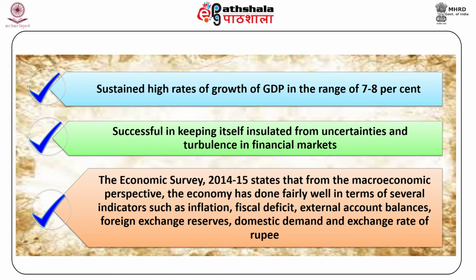In addition, the economy has been more or less successful in keeping itself insulated from uncertainties and turbulence in financial markets, although it is expected that it might not be too easy to maintain such rates of growth in future, and that doing so would require appropriate oversight and regulation. India today has emerged as an economy that has promising future prospects.